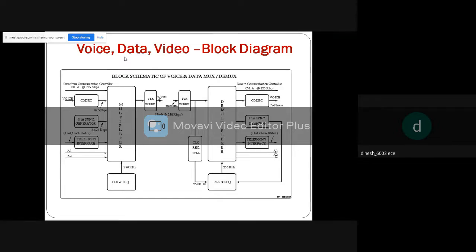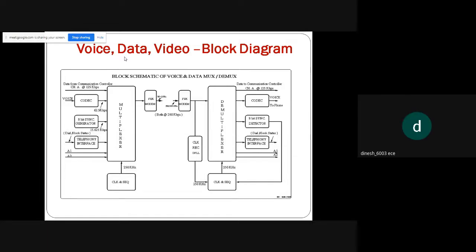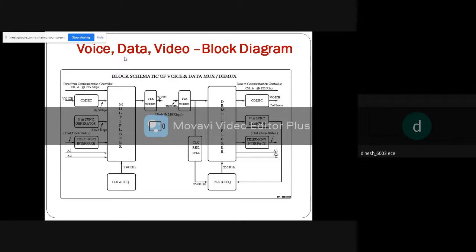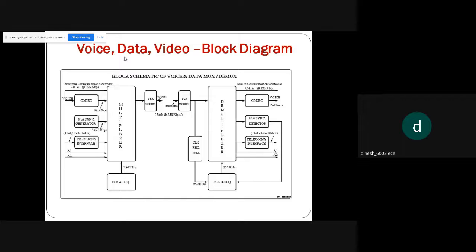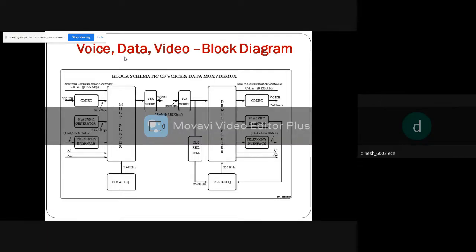Then it was given to a frequency shift keying modulator, and from there it was transmitted using optical cables to the receiver. The left-hand side is completely the transmitter section, with data from the communication control, transmitted at a data rate of 250 kilobits per second. At the receiver, we have an optical receiver which receives that and demodulates it using the FSK modem.